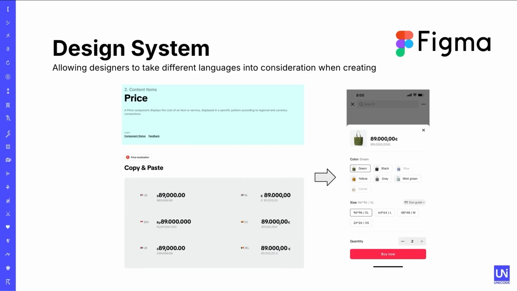So as Zhongjun mentioned earlier, we have a Figma plugin that allows designers to insert localized or translated digits and dates/times into their Figma designs.